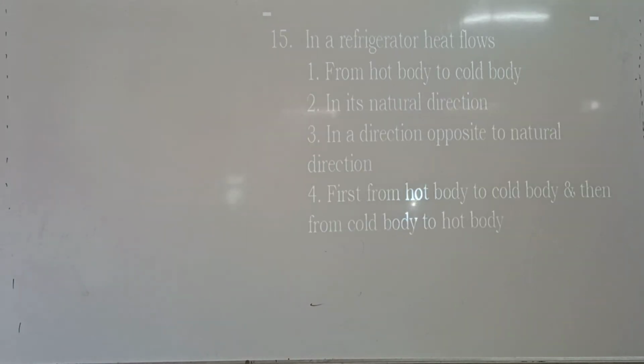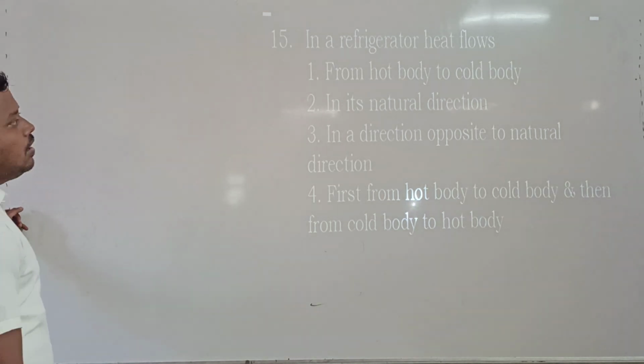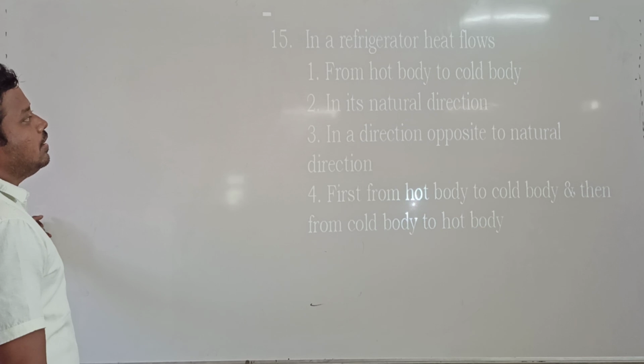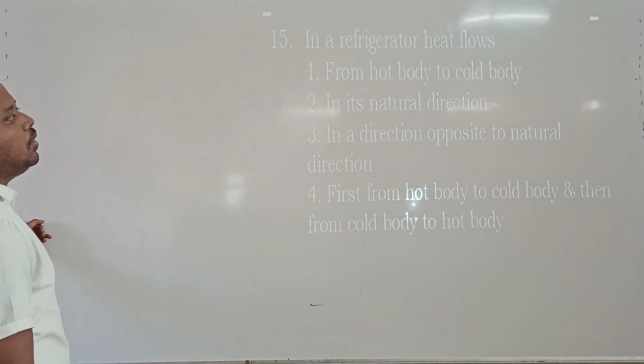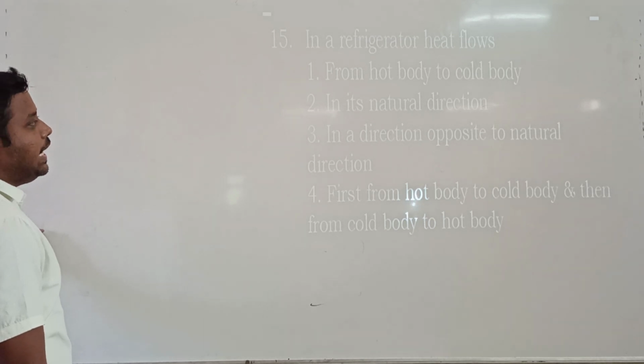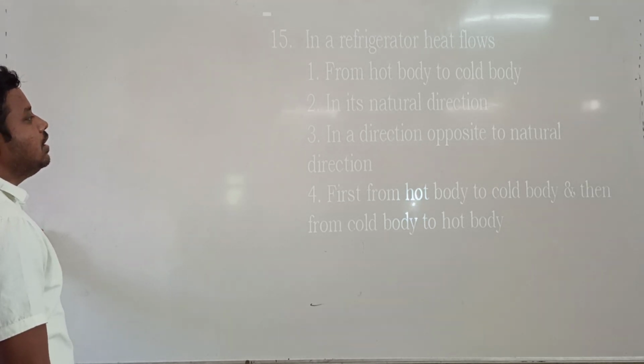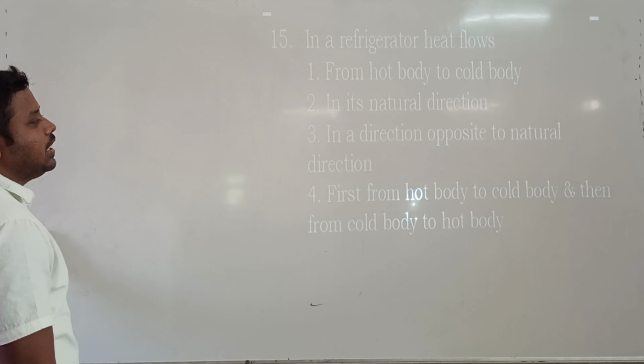Question number 15. In a refrigerator, heat flows from. So you know the refrigerator. So in a refrigerator heat will flow in a direction opposite to which one? So what is the direction of heat flow? From the hot body to cold body, or in its natural direction, or in a direction opposite to natural direction.